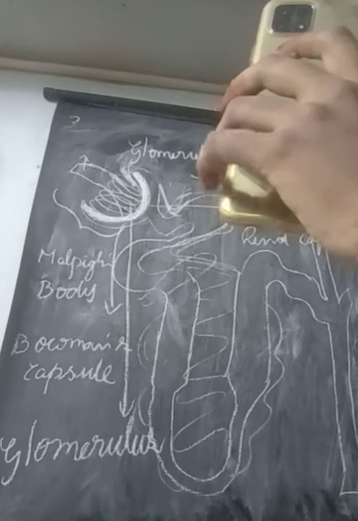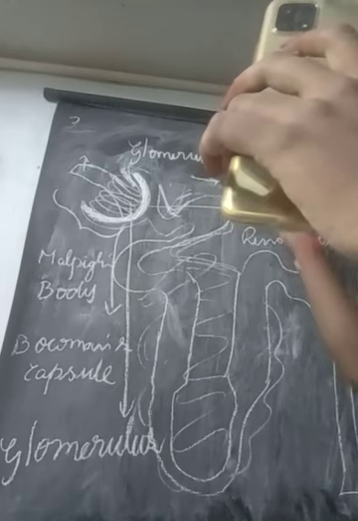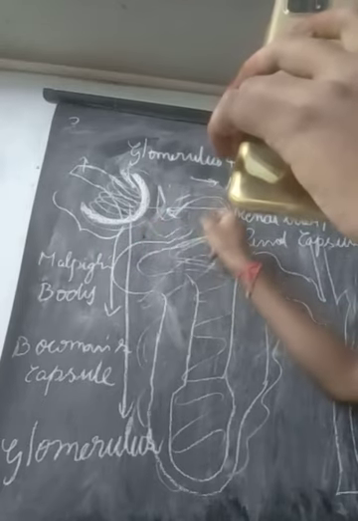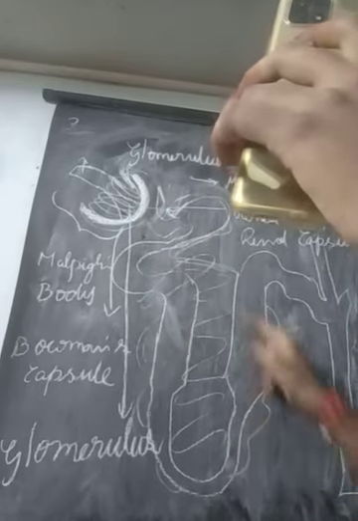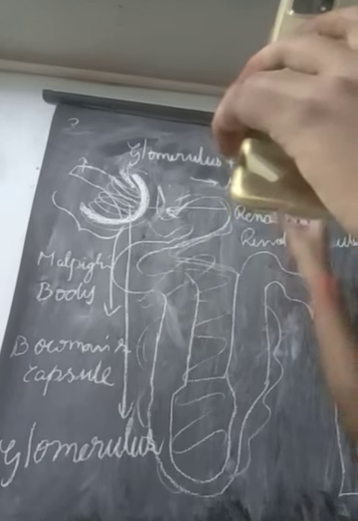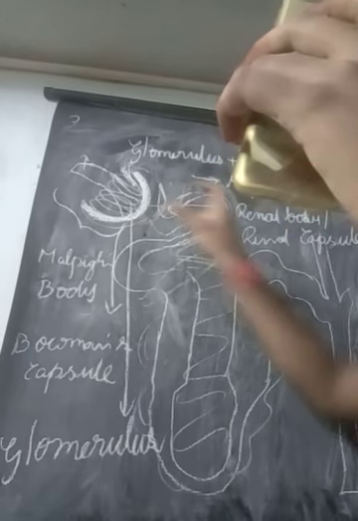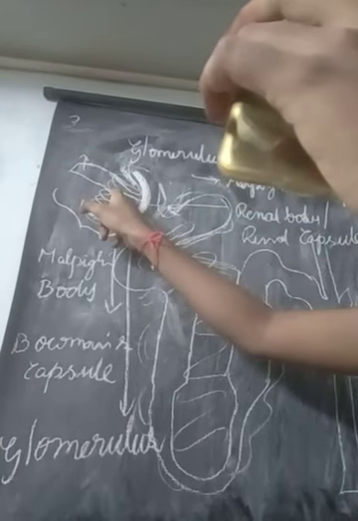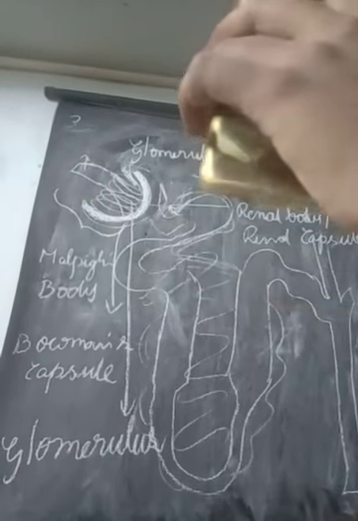Clear. Okay. So this is the Malpighian body. First portion only we completed. The remaining tube portion we will learn in tomorrow's class. Today we taught the Malpighian body completely. And keep one more point in mind: efferent arteriole. Okay, Nana?